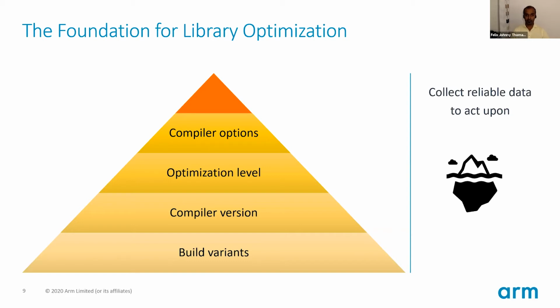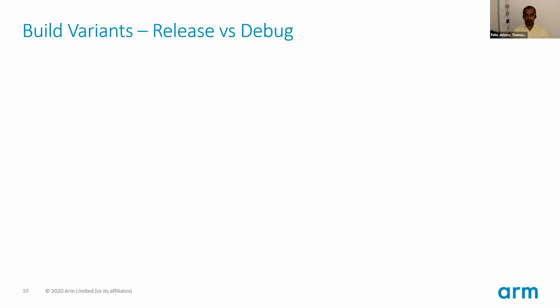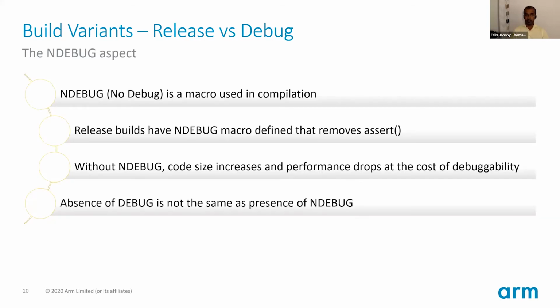All right, so let's take the first aspect, the build variance. This is usually the first question that we ask our stakeholders when it comes to performance measurements. And the majority of the time, it isn't the answer that we would like to hear. There is more than one aspect that differentiates a release and a debug build. The one that we are interested in is the NDEBUG aspect. NDEBUG is a macro that is used in compilation.